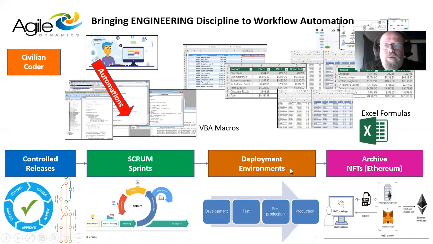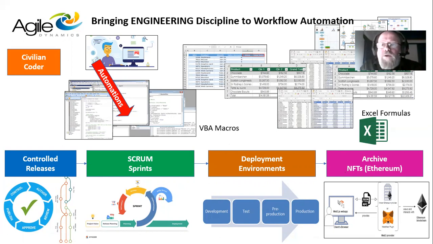Then we also introduce them to having controlled environments, a separate development, test, pre-prod, and production environment, so that you migrate your controlled spreadsheets and code through these different stages so that you have an auditable track record of how you brought changes into production. And at the end of it, they're left with a whole collection of these documents, spreadsheets, that contain all the evidence that the drug trial has been completed or the engineering changes have been done to the engines or whatever.